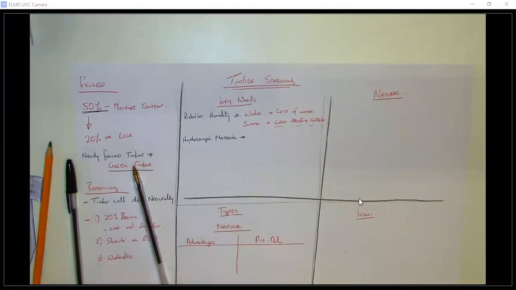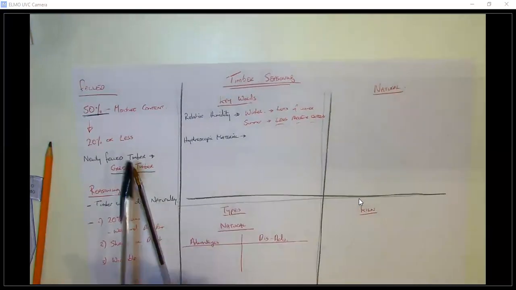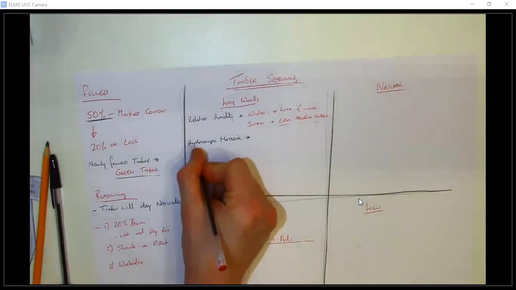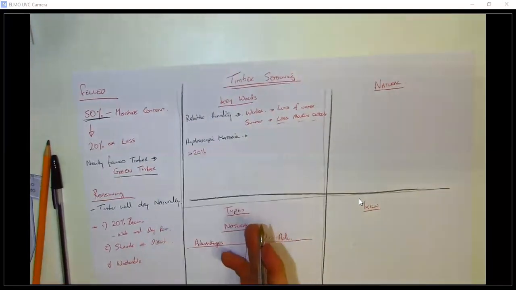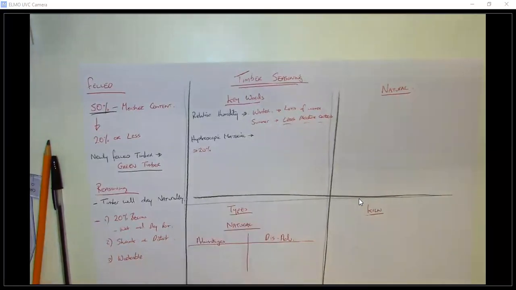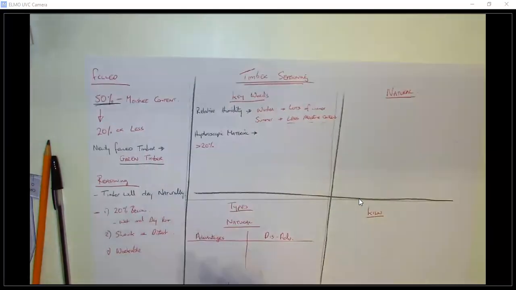So if you think of the furniture inside your house, guys, we're always looking to get below 20%, because 20% stops disease and defects. But if your house is always fairly warm, a modern enough house, the air inside is going to have very little moisture content in it, because it's a heated area.